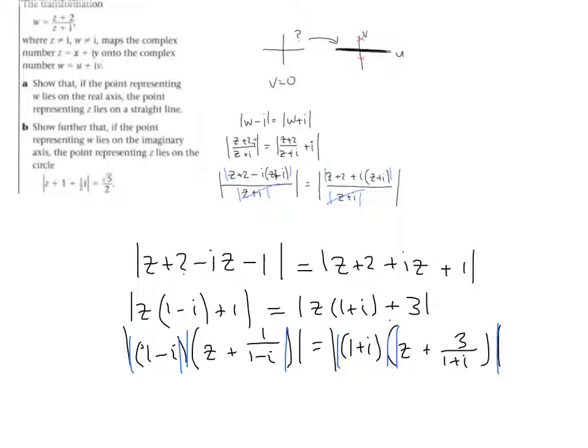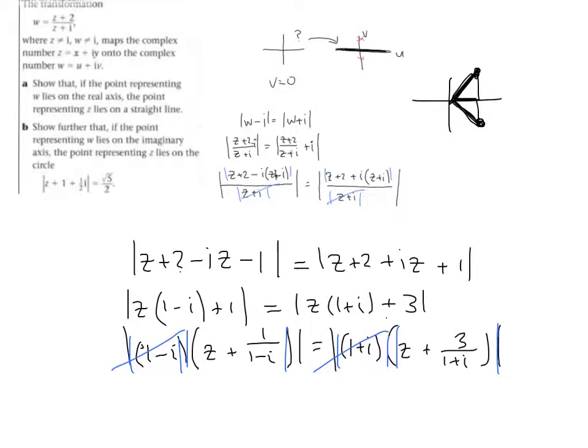Then we can work out the modulus of these two little bits, 1 minus i and 1 plus i. 1 minus i is here on the Argand diagram, and this distance must be root 2 because it's 1 across and 1 down. 1 plus i is across 1, up 1, so this modulus is again root 2: 1 squared plus 1 squared, square rooted. So this is root 2, this is root 2, and we can divide both sides by root 2.